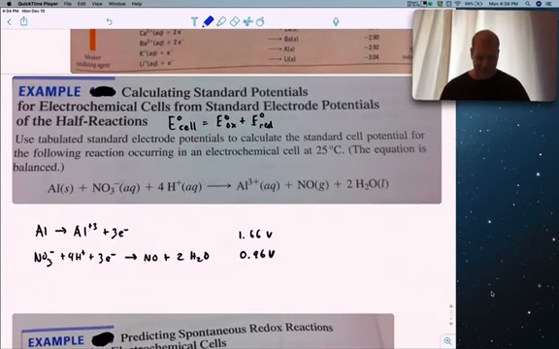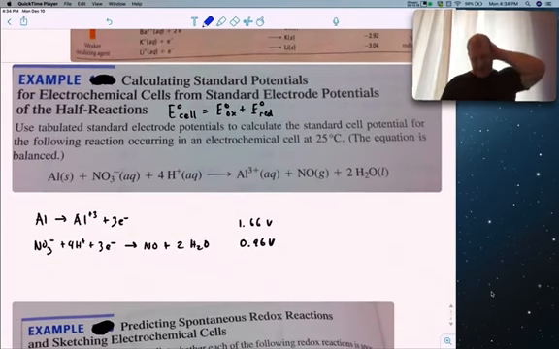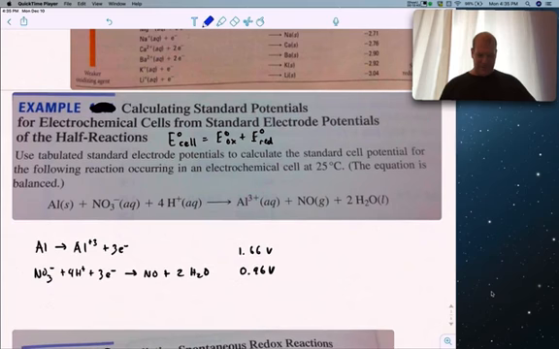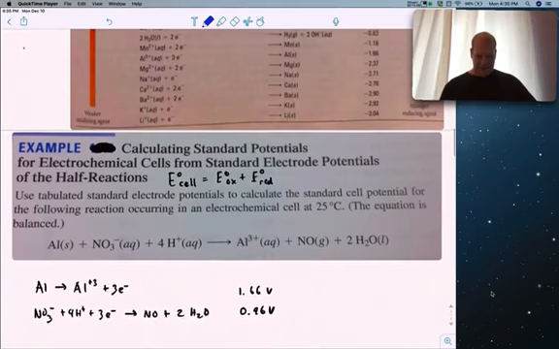So if you look here, use the tabulated standard electrode potentials to calculate the cell potential for the following reaction: aluminum plus nitrate plus 4 hydrogens makes aluminum 3 plus, nitrogen monoxide, plus 2 waters. I've gone ahead and shown you in the chart, but let me show you that aluminum goes to aluminum 3 plus plus 3 electrons.